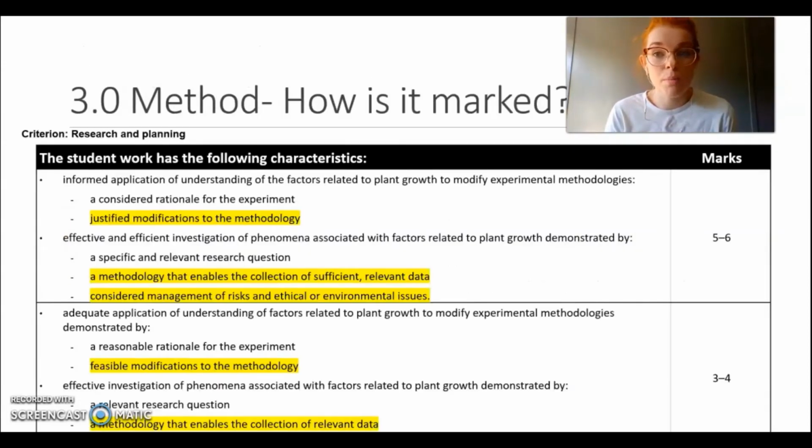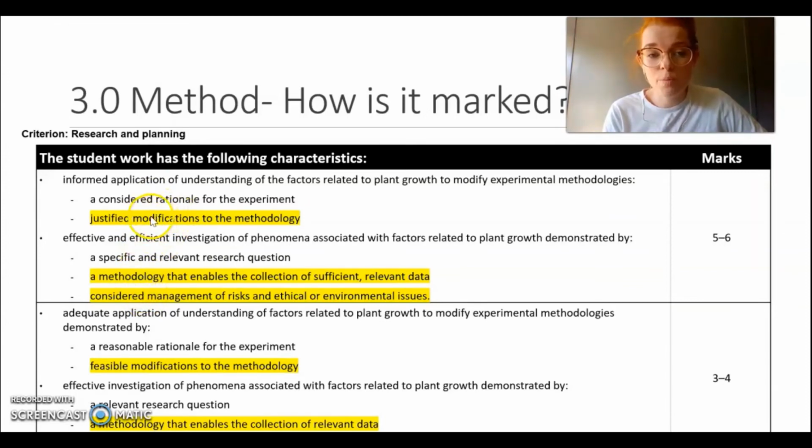Now, your marking on your ISMG, there's 3 different dot points that align straight to your method. So if we're looking at this whole ISMG for research and planning, you've got 1 dot point for your rationale, 1 dot point for your research question, and then 3 for your method.